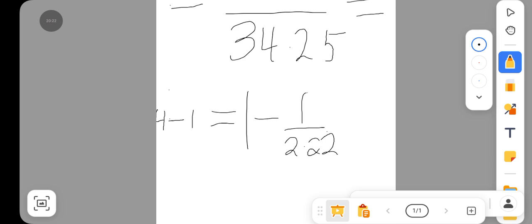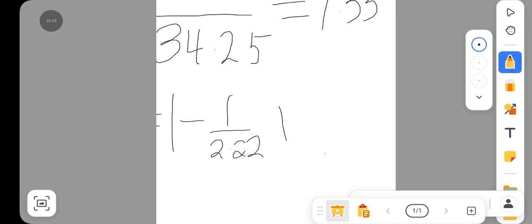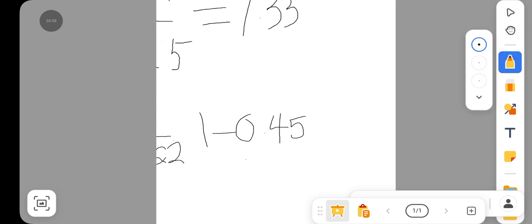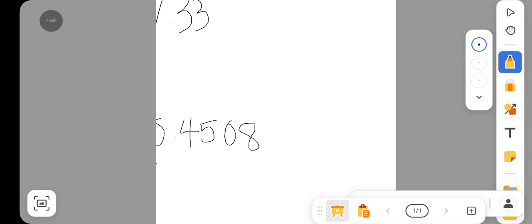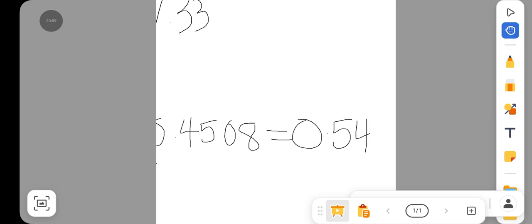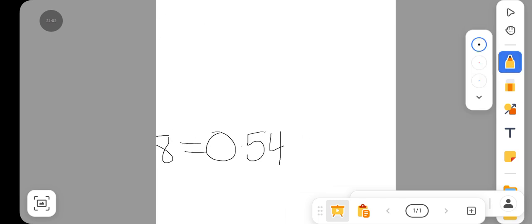And if we sum everything up together and divide it, this is going to give us 1 minus 0.4508, which if we subtract from 1, we are going to get 0.5492.